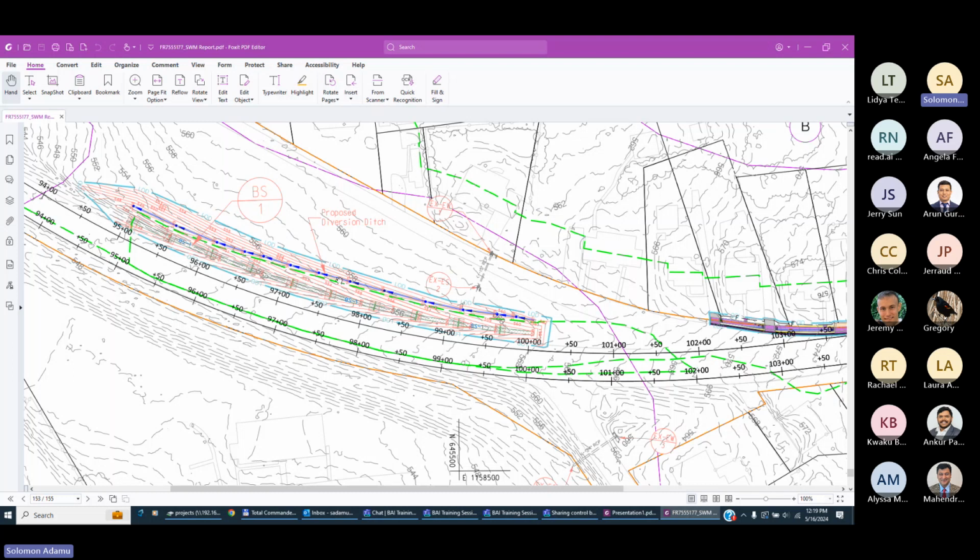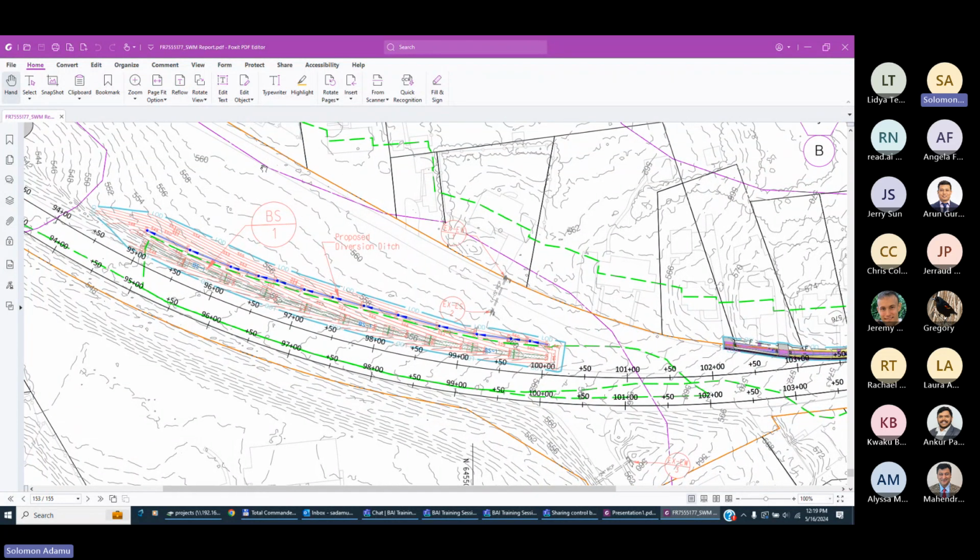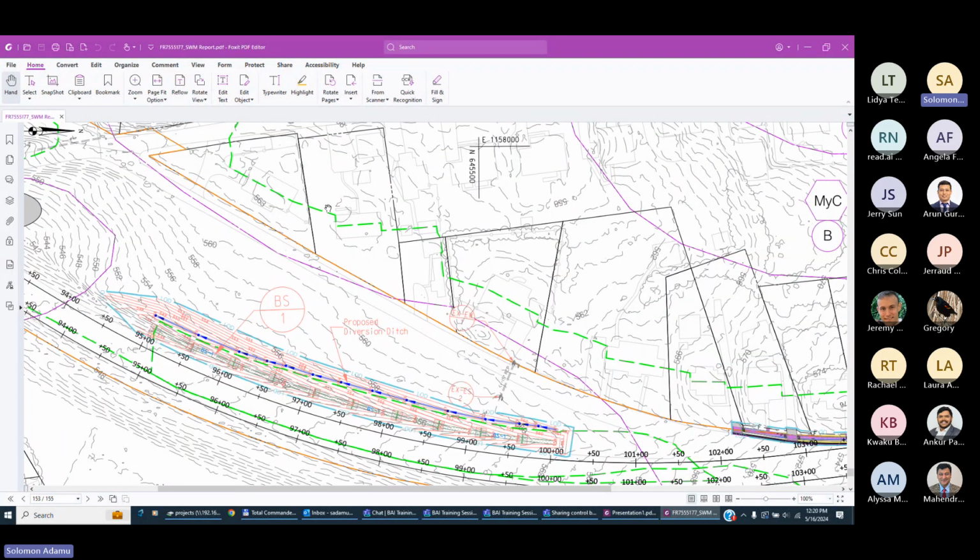We just designed a diversion ditch to avoid other drainage area or offsite area coming to it, to minimize the drainage area. If we don't have this diversion ditch, then we have to design this bioswale for, you see, up to here.